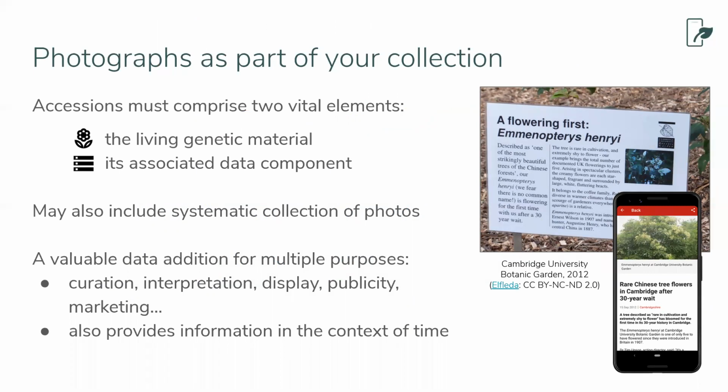And like we've mentioned, that data component is going to likely include a collection of photographs. These can be a very valuable source of information, primarily for curation, but also beyond that for things like interpretation, display, signage, publicity, and all sorts of marketing uses. And interestingly, photographs can also provide information in the context of time.